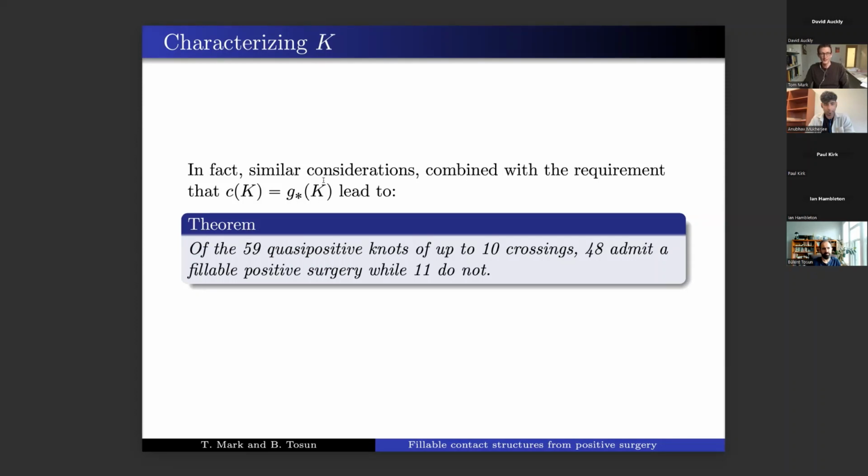And either they violate this condition, in which case they don't have a fillable surgery, or you can muss around like I just did and get a suitable braid expression and get a fillable surgery. And it turns out that the majority of quasi-positive knots in this range have fillable positive surgery.